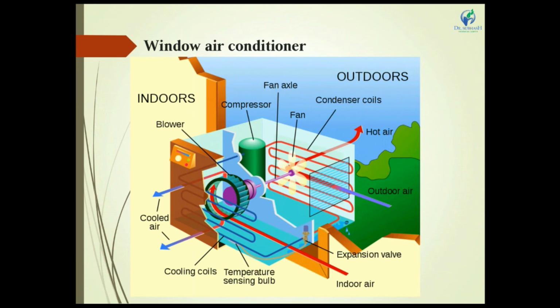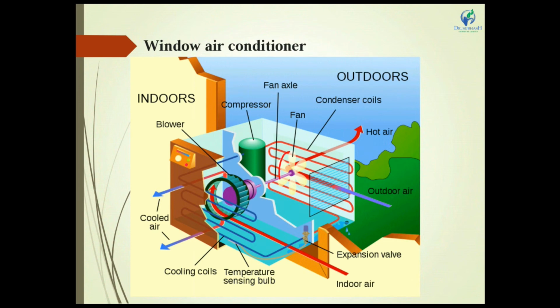For a window air conditioning system, all units are mounted in a small box. There are two partitions: one partition is the room inside, the window inside partition, and the secondary partition is the window outside. The room inside partition has two components, the cooling coil or evaporator and the expansion valve, and the room outside has the compressor and condenser coil.